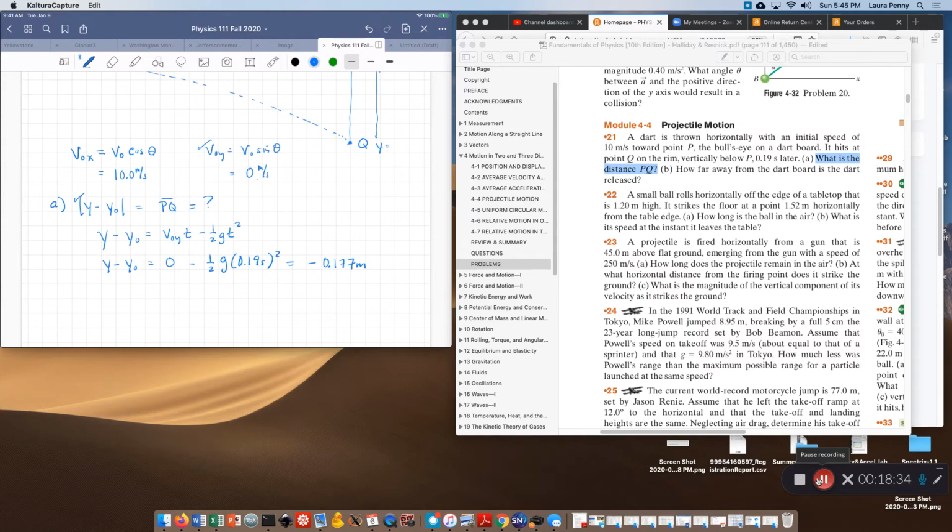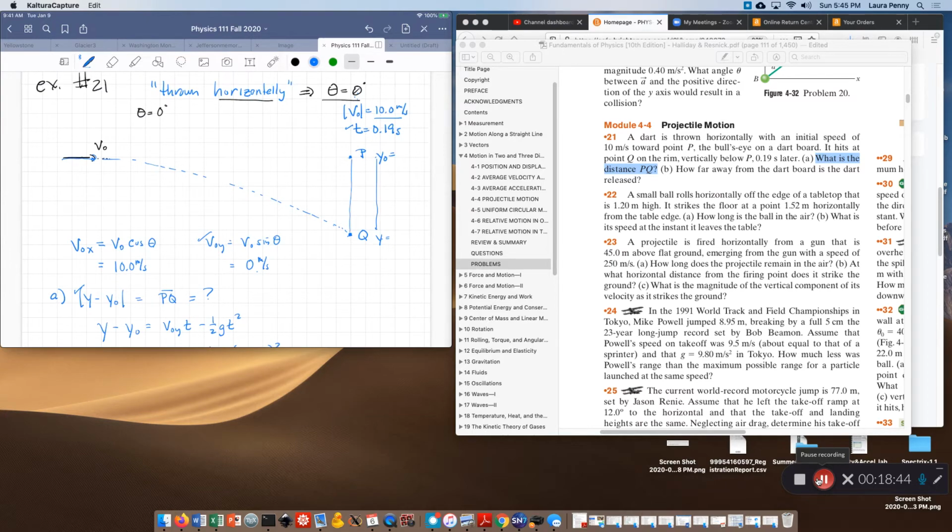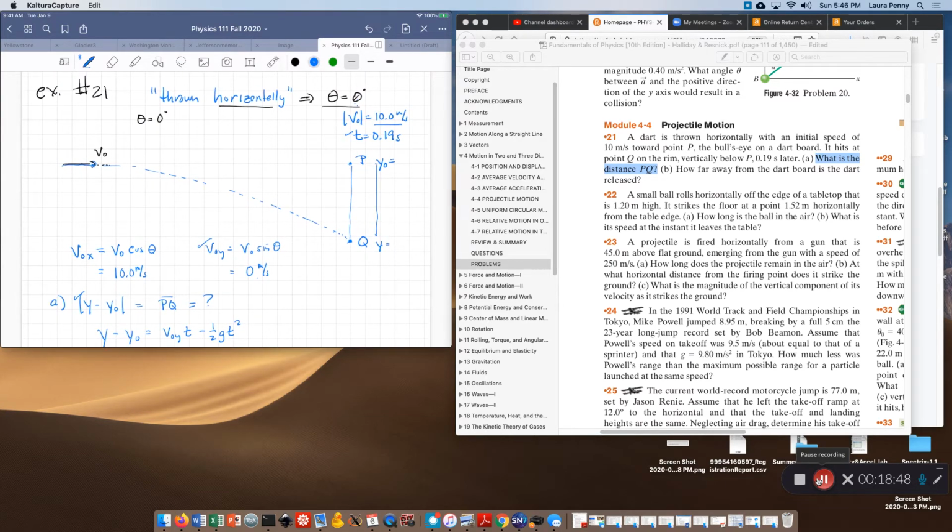And if I go and do that math, I get negative 0.177 meters. I get a negative y minus y naught. And that makes sense. I'm starting at a higher position, and I'm ending at a lower position.